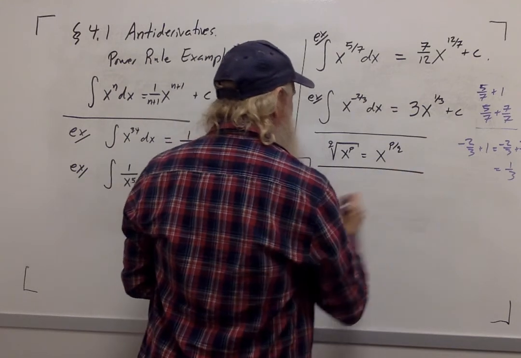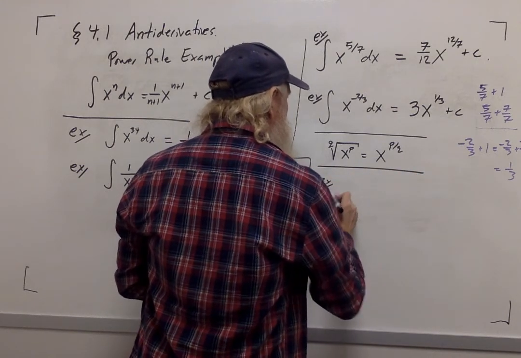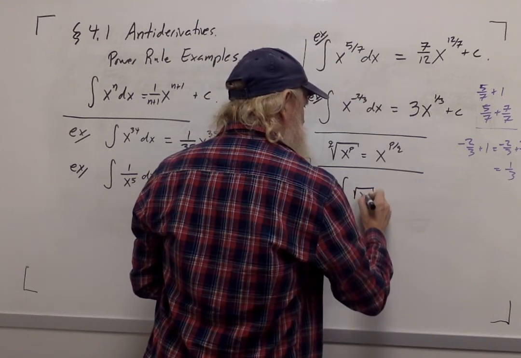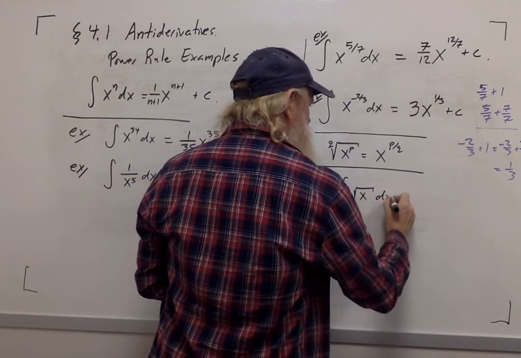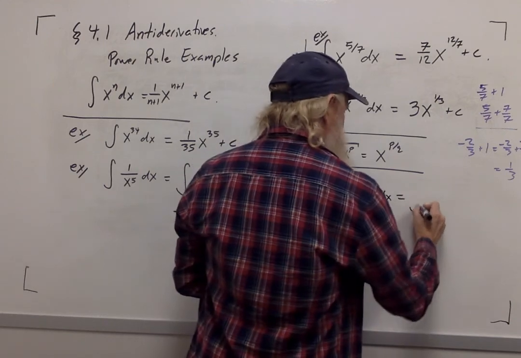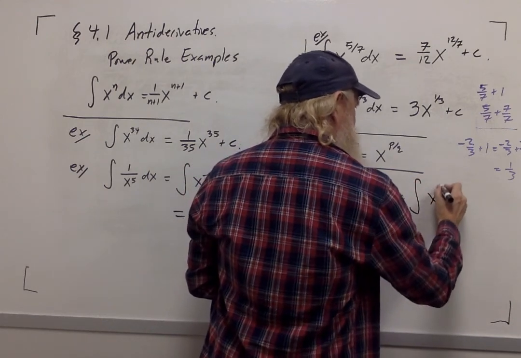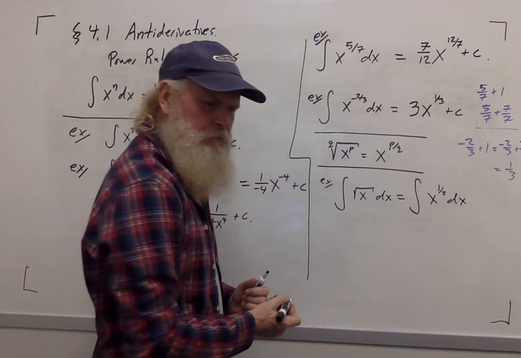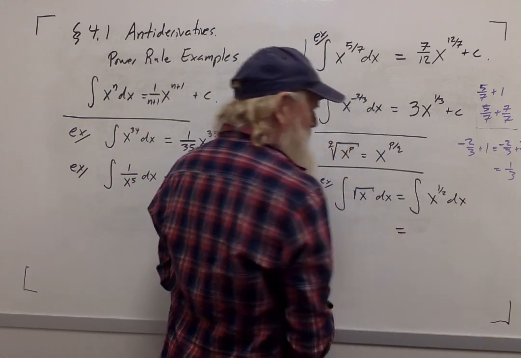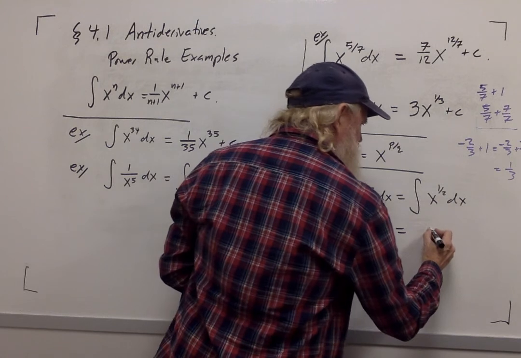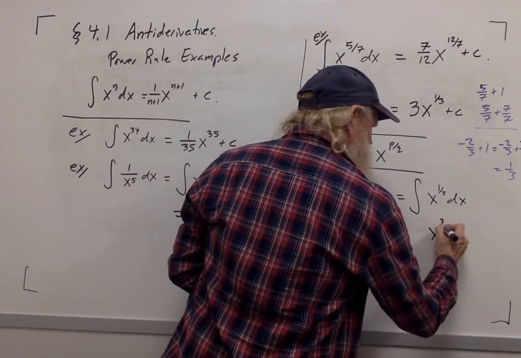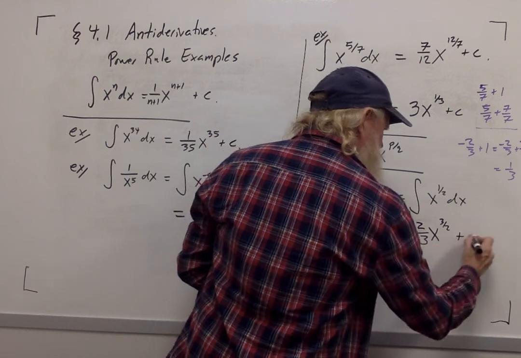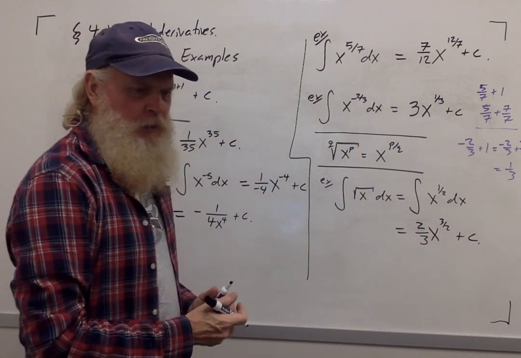So if we wanted to find, for example, the antiderivative of the square root of x, we could rewrite this as x to the 1/2 and then add 1 to the exponent. A half plus 1 is 3/2. Multiply by the reciprocal in front. And again, remember the plus c.